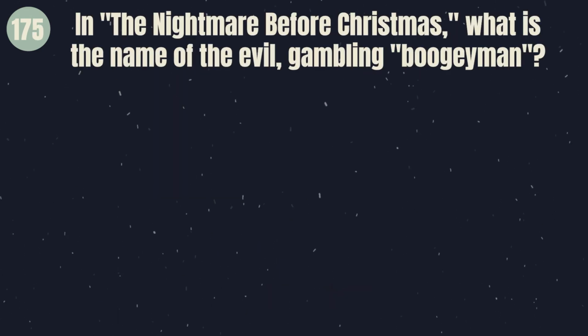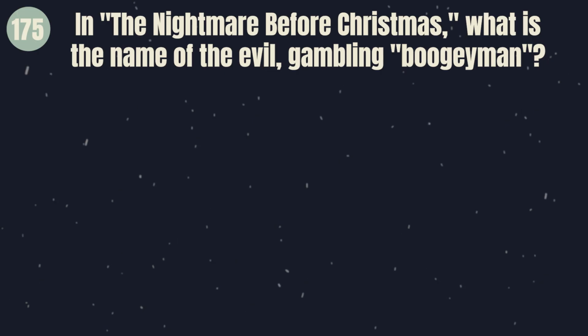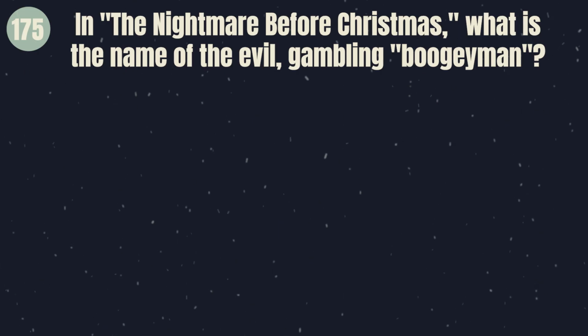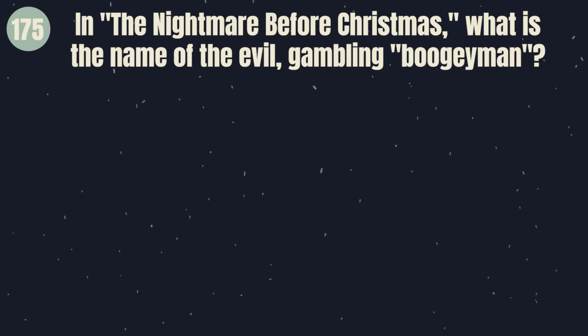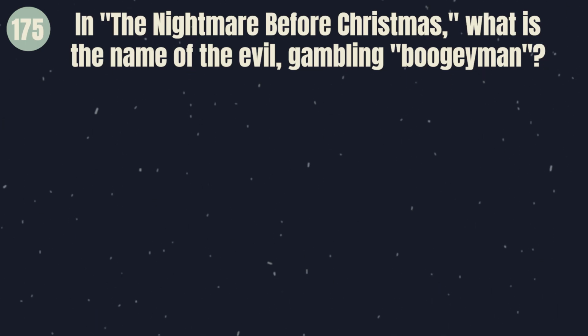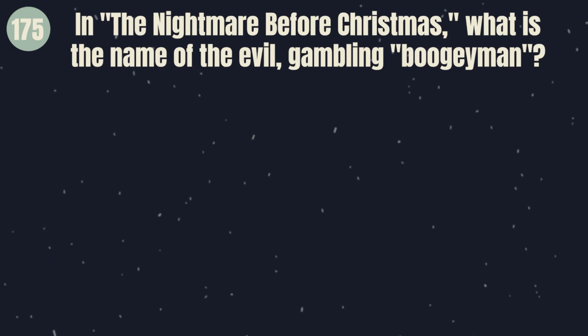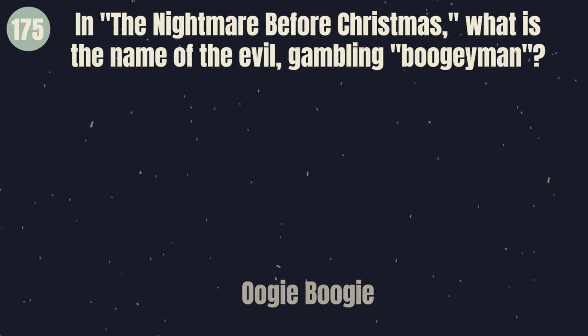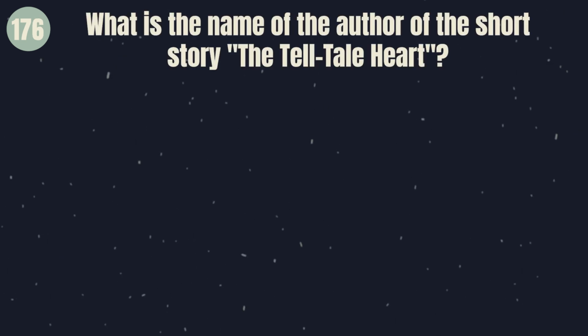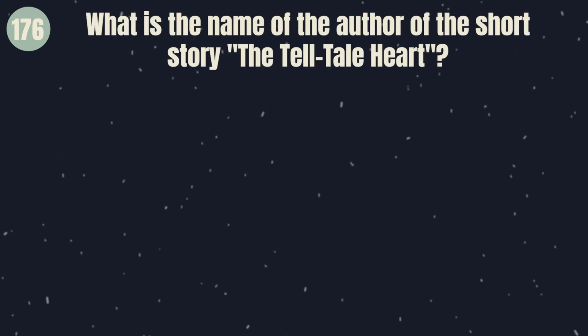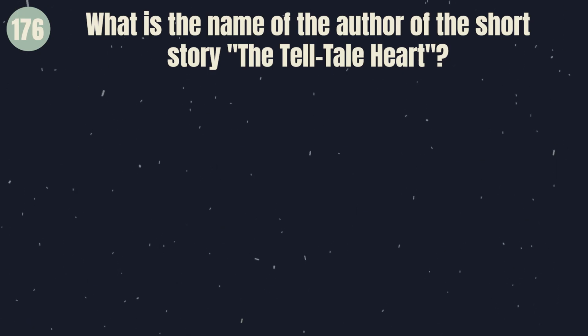In The Nightmare Before Christmas, what is the name of the evil gambling boogeyman? Oogie Boogie. What is the name of the author of the short story The Tell-Tale Heart?